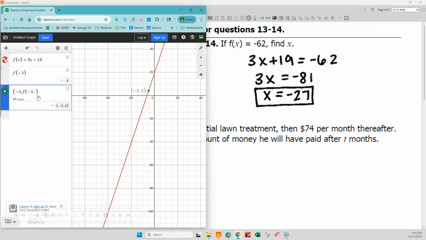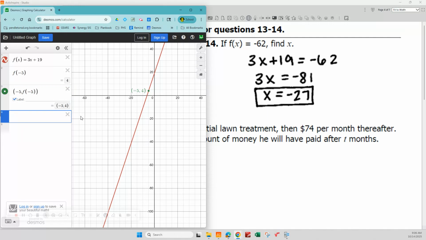Somehow I need to figure out the point that has a y coordinate of negative 62. Unfortunately, I can't just plug in negative 62 there. It doesn't do anything. Is there a way I could trick Desmos, by using its functionality? Desmos does some interesting things.